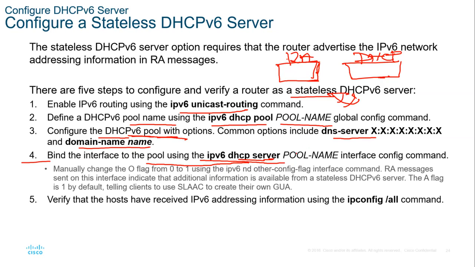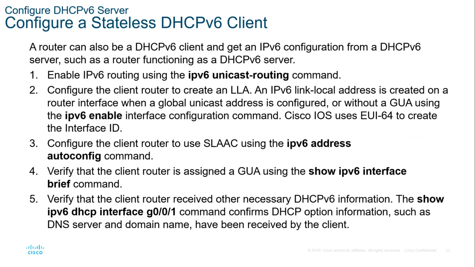And then you make sure that you turn on the other configuration flag. Then step number 5, verify that the host has received an IPv6 address. Okay, so here are the steps, there are 5 on what you're supposed to do.